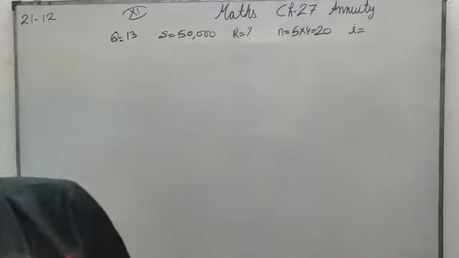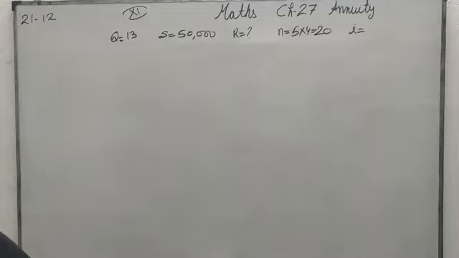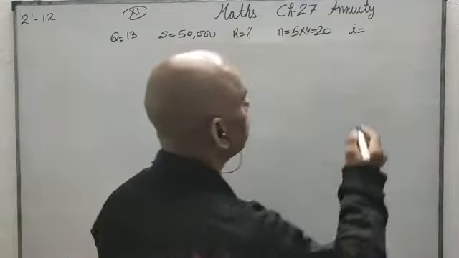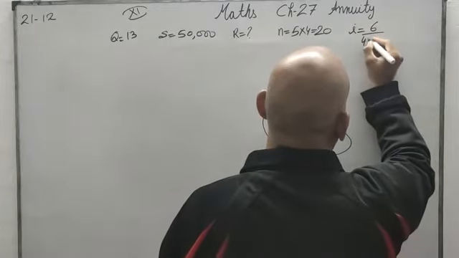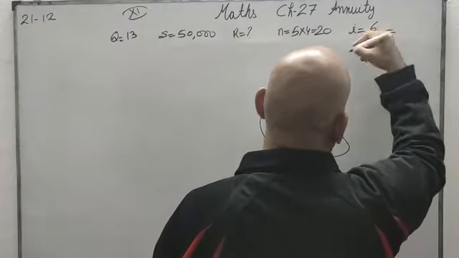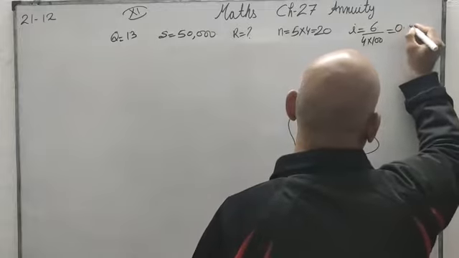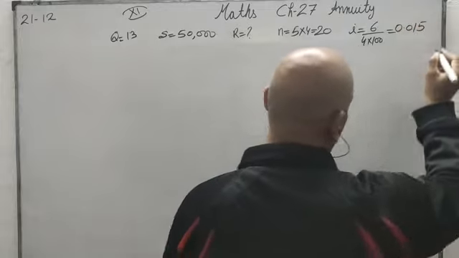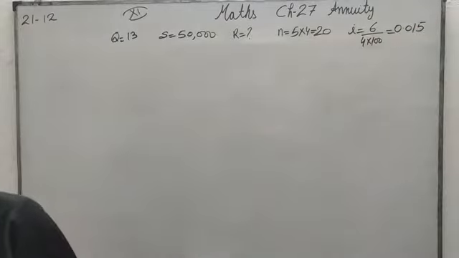And the rate is 6%. So 6 divided by 4 into 100. This is 0.015.